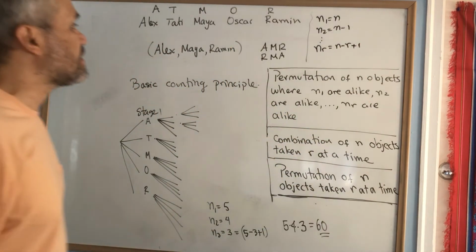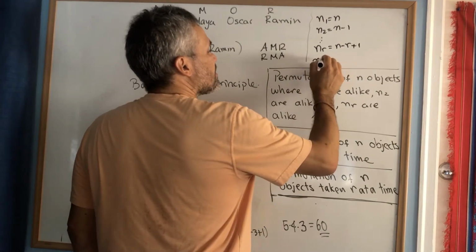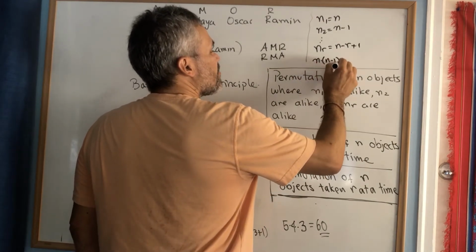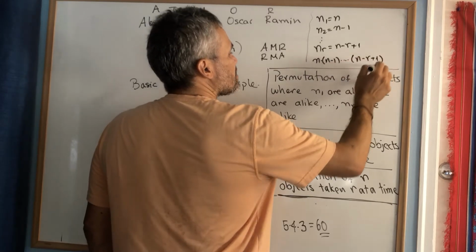Then we end up with the number of possibilities being n times n minus 1 times ... times n minus r plus 1.